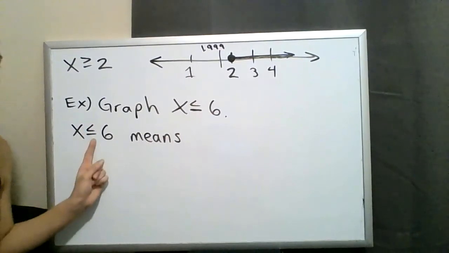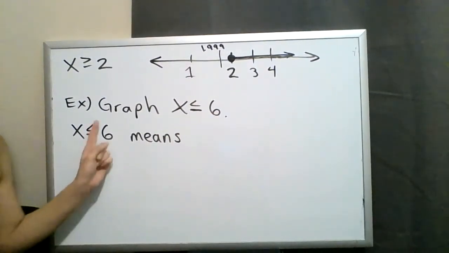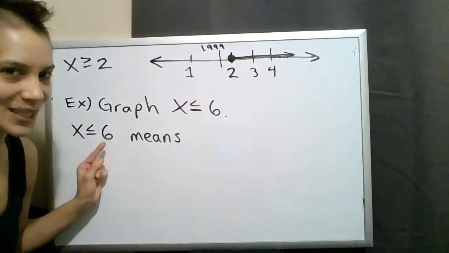Okay, so we've got the equal sign included. So x is less than 6 or x is equal to 6.